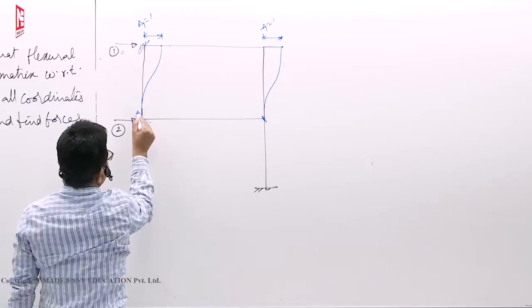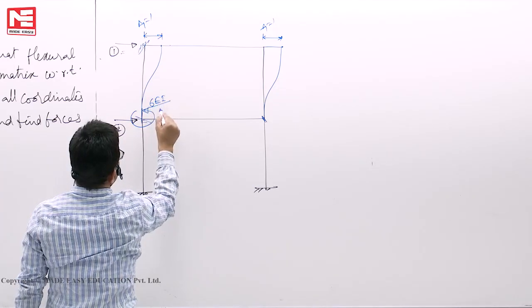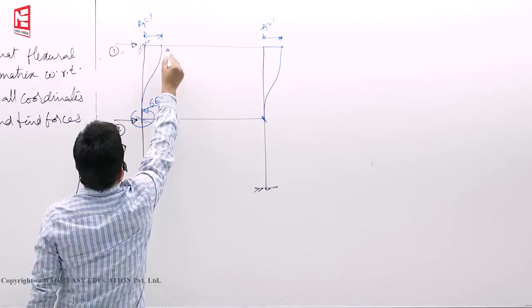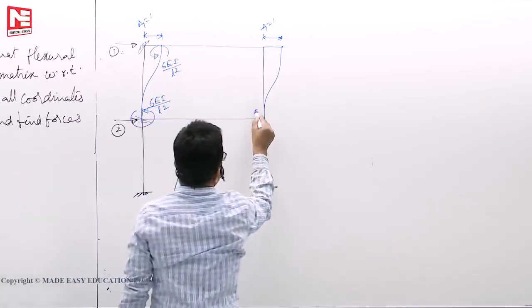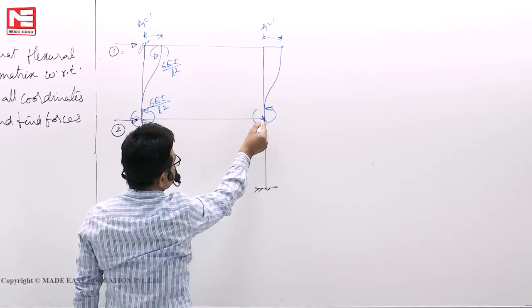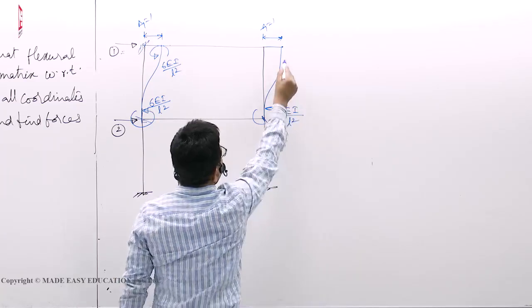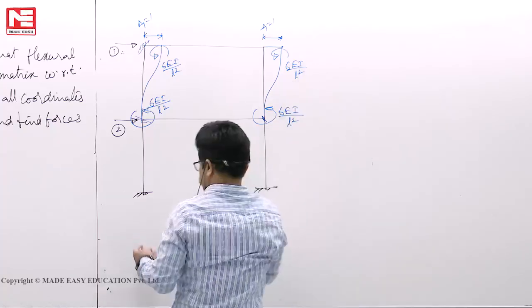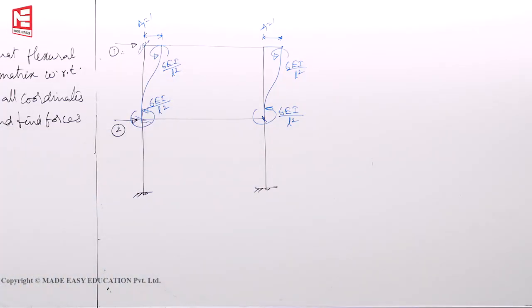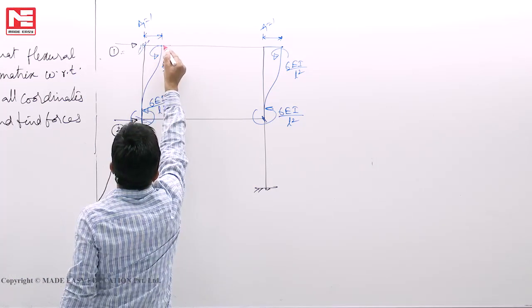It will also undergo the same 1 displacement. For this one, we know how much moment will develop here: 6 EI by L square. Here also 6 EI by L square. Though no coordinate is there, moment will develop 6 EI by L square. And the force developed, I told you how much force is required.